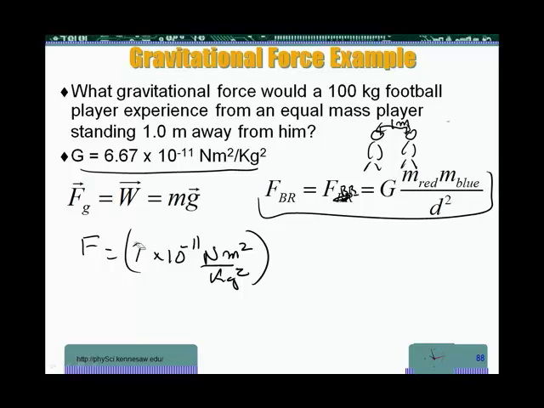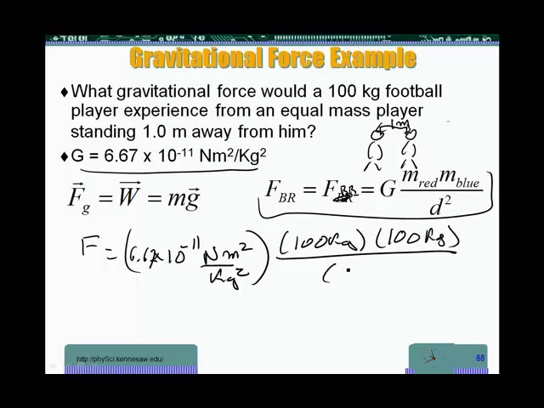A thought crossed my mind that some of you might want me to calculate it precisely. So I'm going to do it right now. 6.67 times 10 to the minus 11 newton meter squared per kilogram squared, times the mass of the first football player, 100 kilograms, times the mass of the other football player, another 100 kilograms, over 1 meter squared.